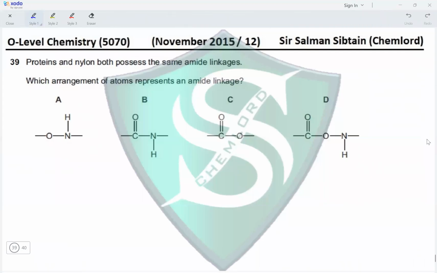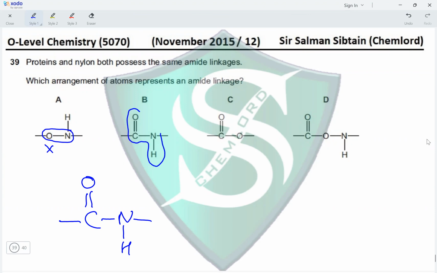Question 39. Proteins and nylon both possess the same amide linkages. Which arrangement of atoms represents an amide linkage? An amide linkage is a C double bond O next to an N-H bond. This is an amide linkage. So in A, we have got N bonded to oxygen, not carbon, making it incorrect. In B, we've got a C double bond O attached to an N single bond H, which is correct.